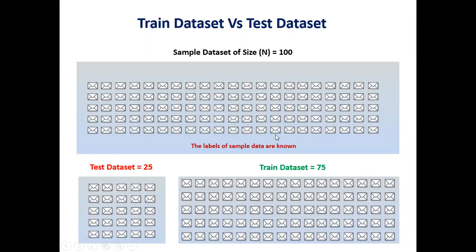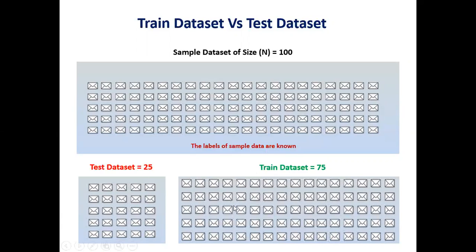Now, we have created two instances of these 100 emails. The first instance of this original data set, which contains 75 emails, will be used to create, or to construct, or to build the machine learning model.